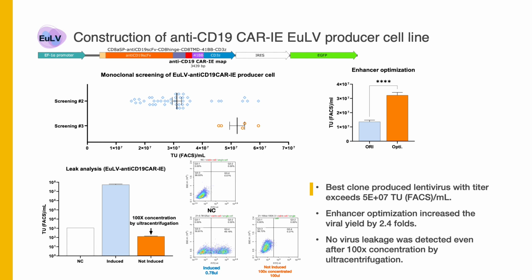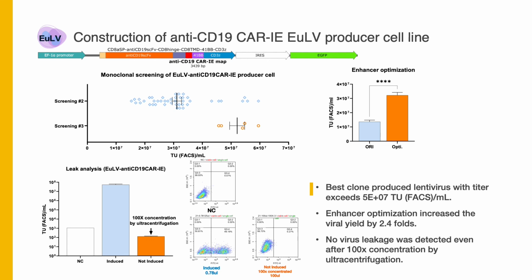It has the typical anti-CD19 CAR sequence. Additionally, it has an IRES EGFP sequence. So in total, it is almost twice the length of the original anti-CD19 CAR sequence. Then let's look at the figure at the left up.